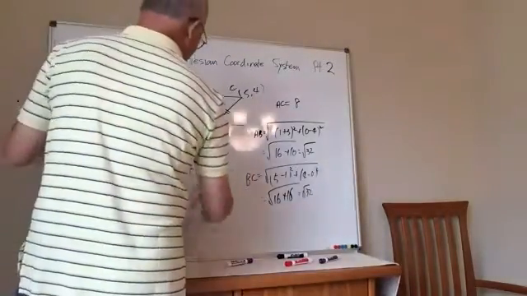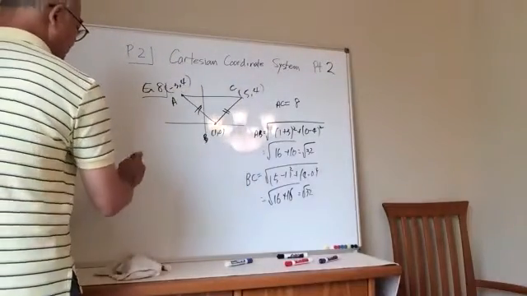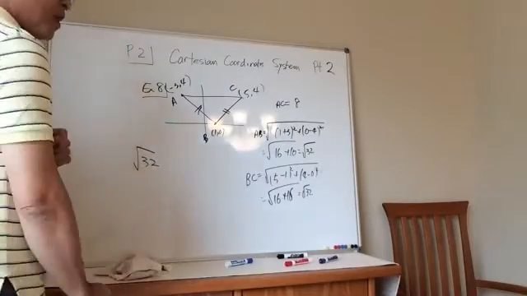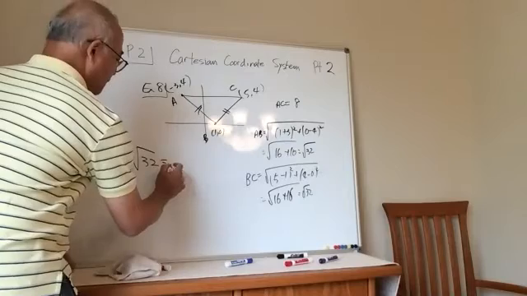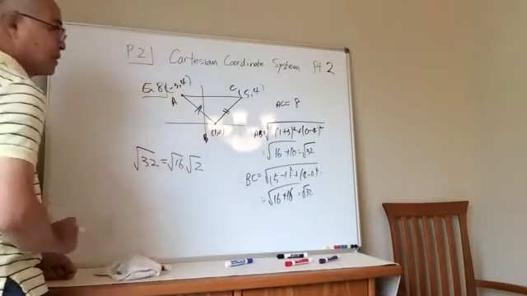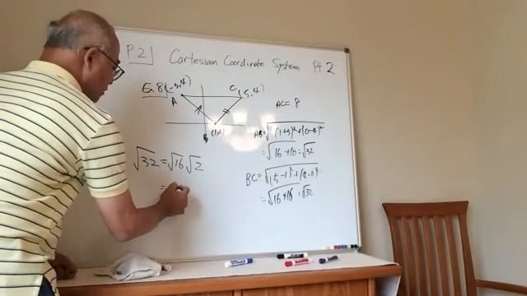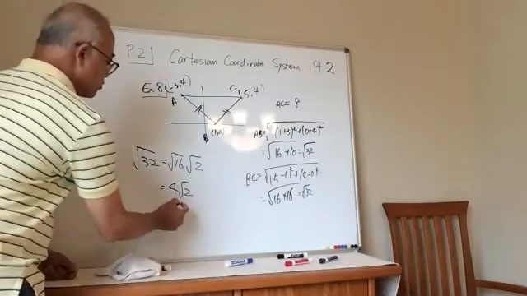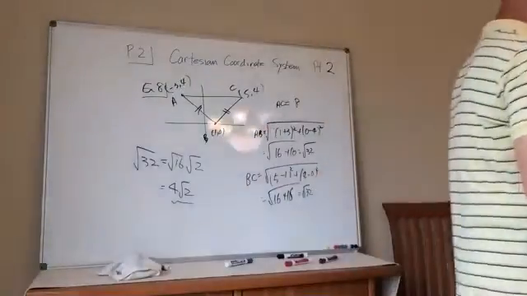Can anybody tell me why? You can simplify it. Exactly. You can simplify this, correct? 2 times 16 is 32. 4 root 2, correct? So this would be the correct answer. All right?